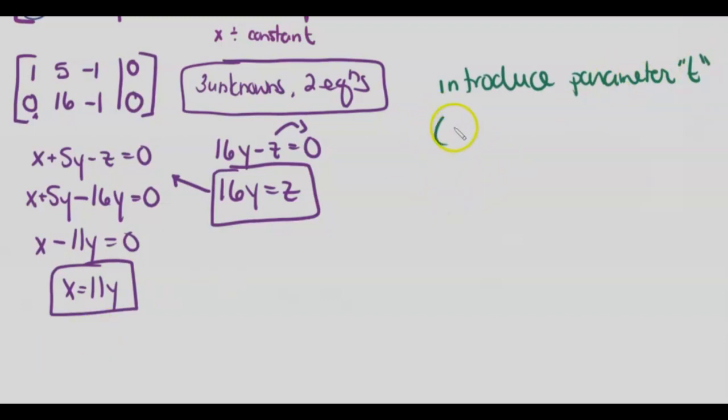So if we're thinking that we have a solution x, y, z, we can actually express this entire solution in terms of y, because both of these equations have a y in it. So x is going to be 11y. So instead of x, we're going to write 11y. And instead of z, we're going to write 16y.